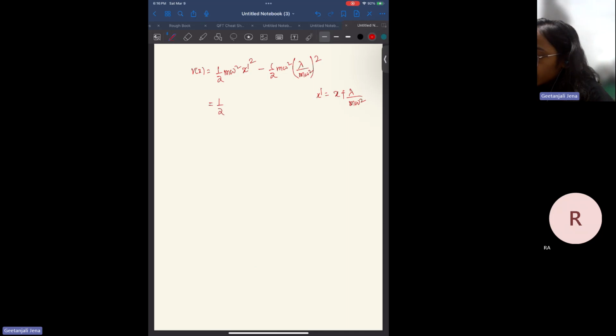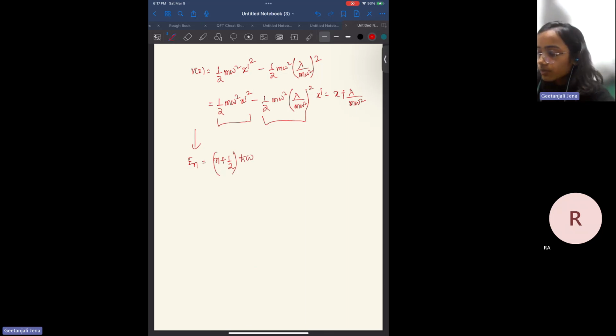So now you are saying that this is the new potential energy. It is similar to the potential energy that we solved before, half m omega square x square, and there is a constant term here. So for this type of potential, the energy eigenvalue you can write as (n plus half) h cut omega, which is the one that you saw before, like for V of x equal to half m omega square x square, you got energy is (n plus half) h cut omega.